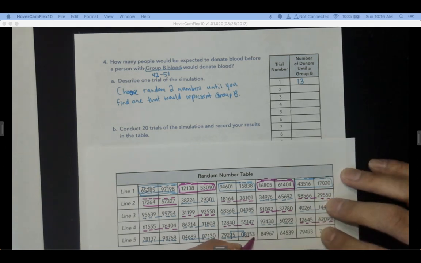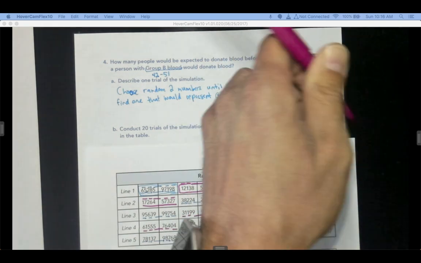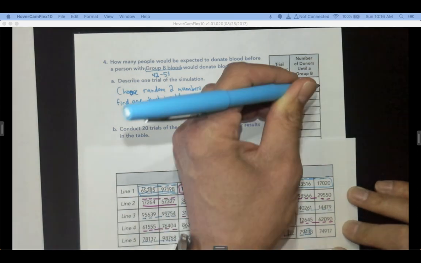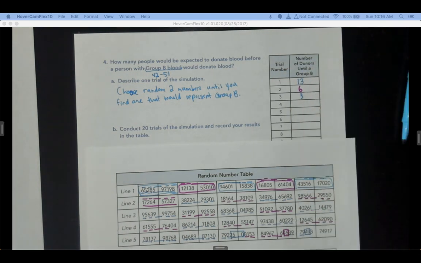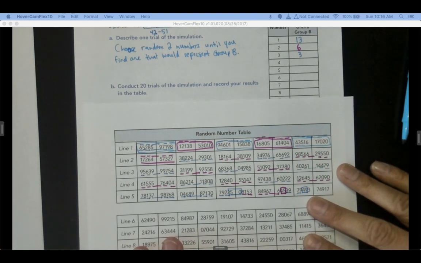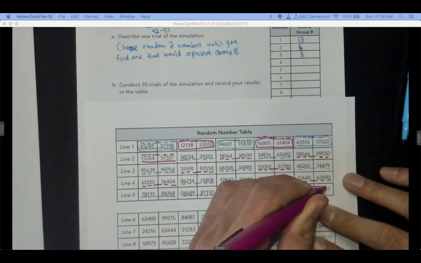1, 2, 3, 4, 5, 6. Six until we find someone that falls into the group B category. 1, 2, 3. Three until we find someone in group B. Then 37, 49.